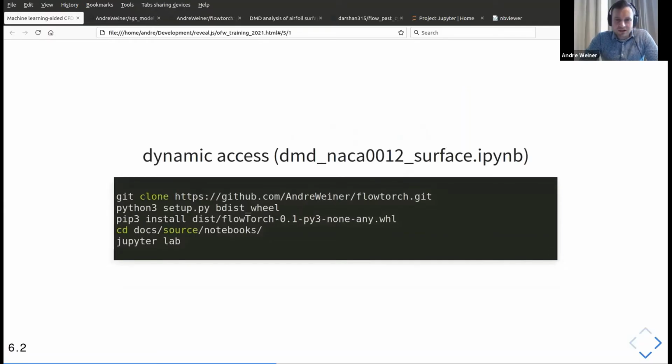There are two ways to access the data and everything that you need. The first one is more dynamic. You just clone the repository, build the Python wheel, and install it using pip. You navigate to the documentation, in particular to the notebooks directory, and you fire up JupyterLab.